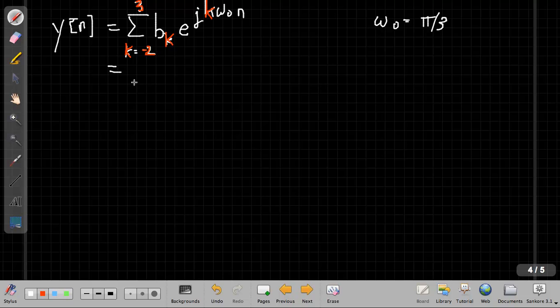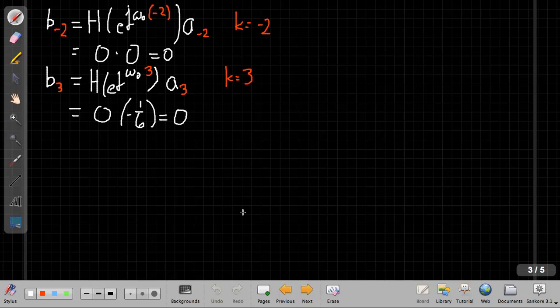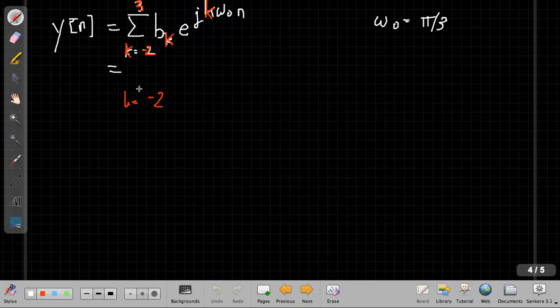And I go through these one at a time. So when k equals -2, well, b sub -2 I had on the last page. Right? And I had this was 0. So I can just put this in here. So when k equals -2, I get 0. Just doing this sum one term at a time. I just count my way through them. The next term is the k equals -1 term.